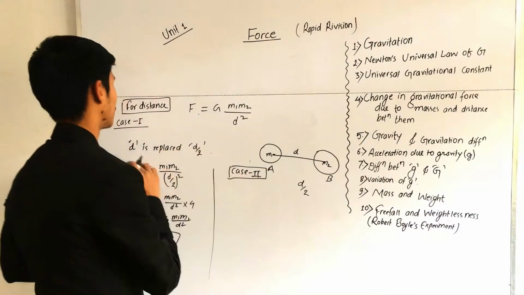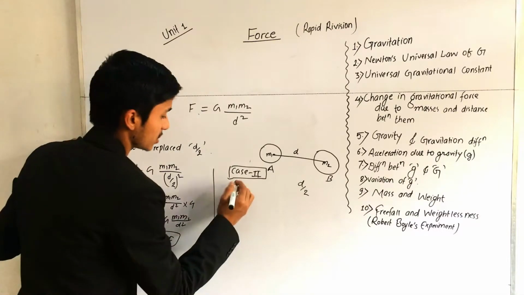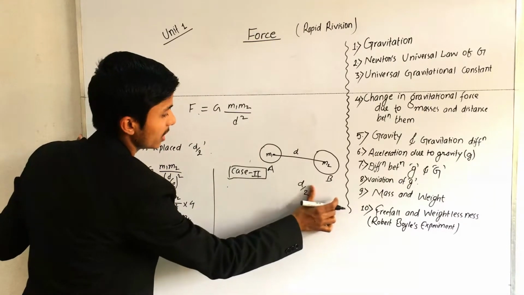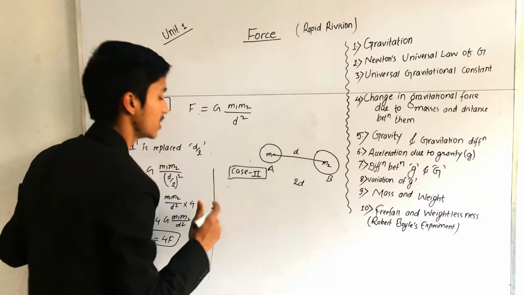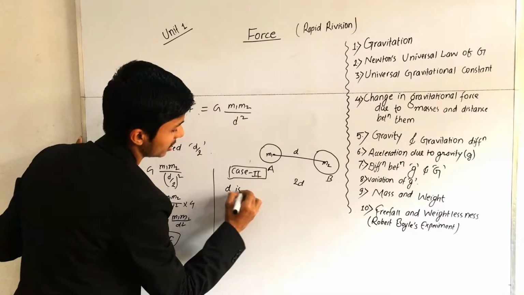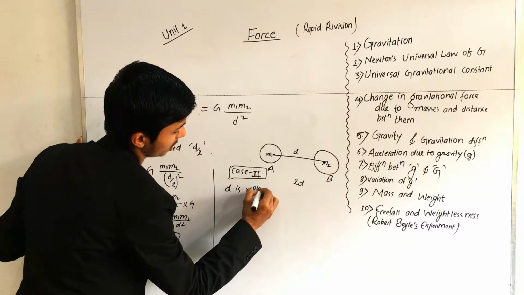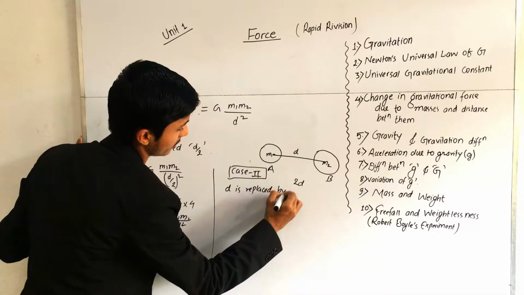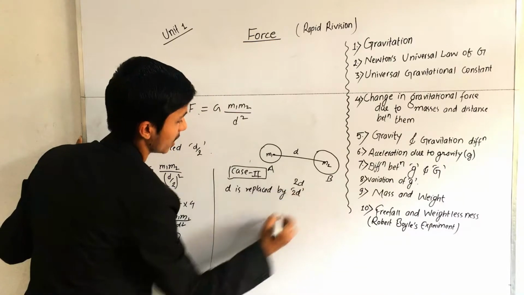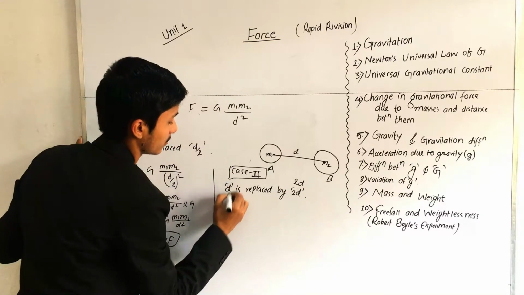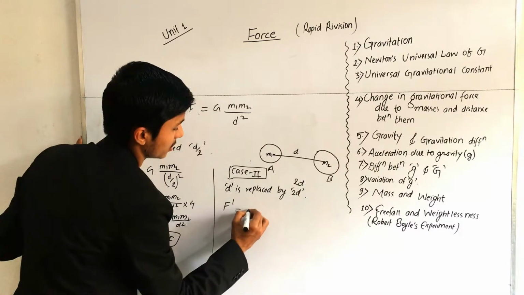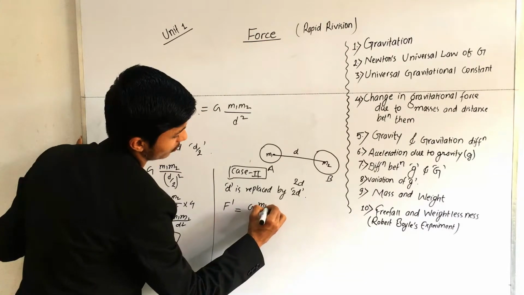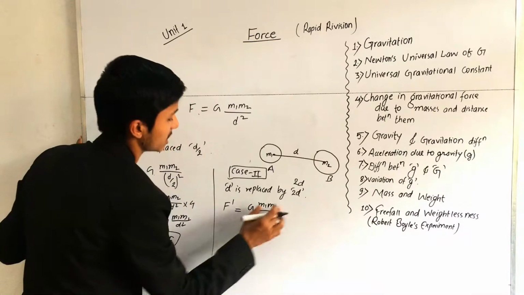Case 2. In the second case we can see when distance is doubled. When distance is doubled, it means d is replaced by 2D. What will be the force after variation in distance? Here capital G, M1, M2 masses are constant.